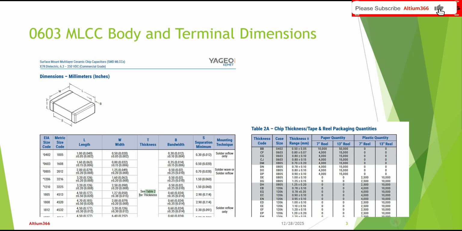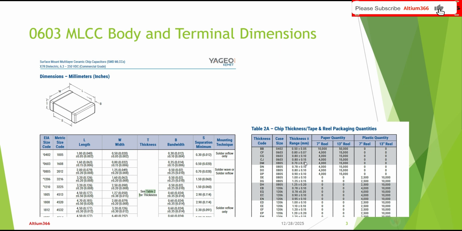That will come in the next slide. The length of the capacitor is 1.6 millimeter with a tolerance of plus minus 0.15 millimeter, and width is 0.8 millimeter with a tolerance of plus minus 0.15 millimeter. This length and width is for the capacitor body, not for the terminal.